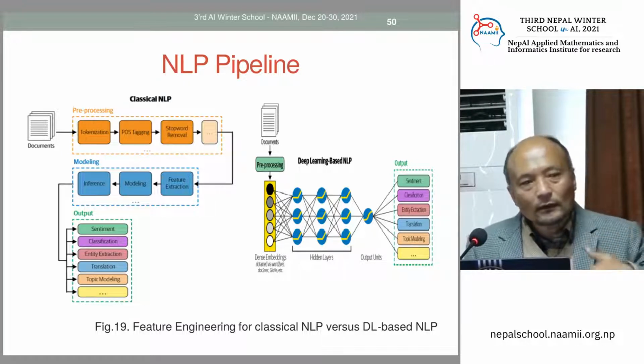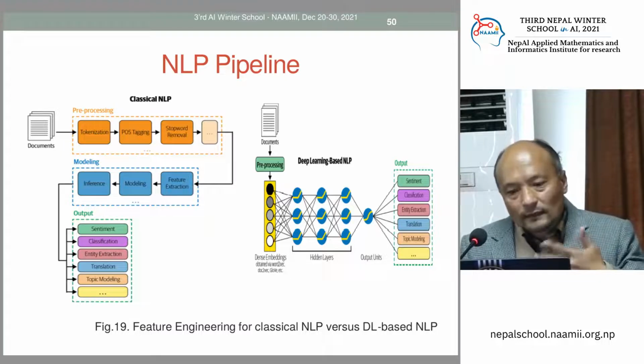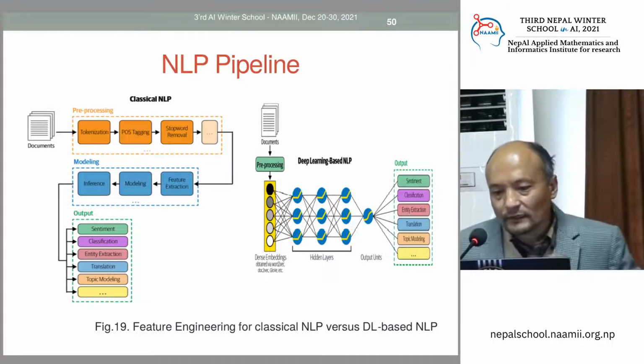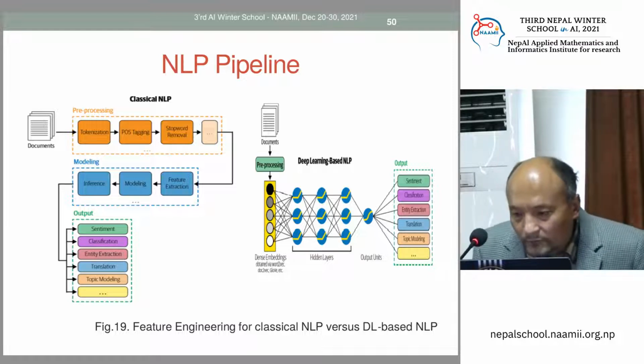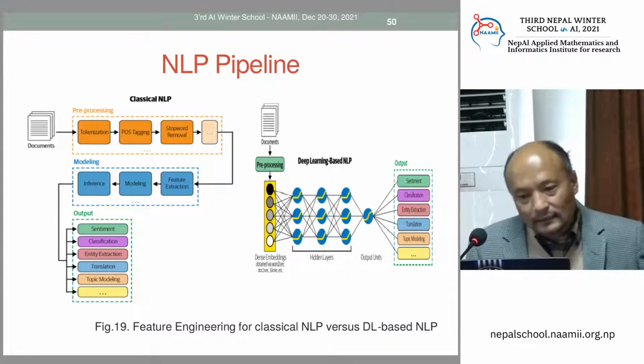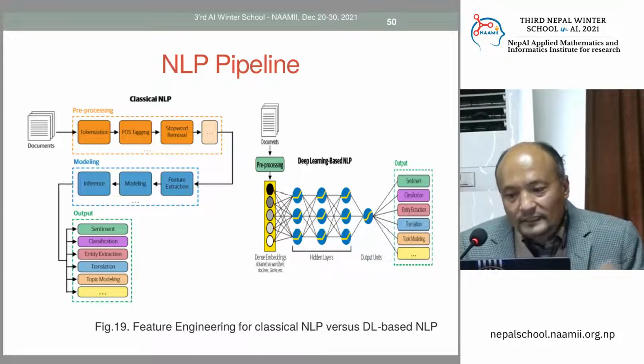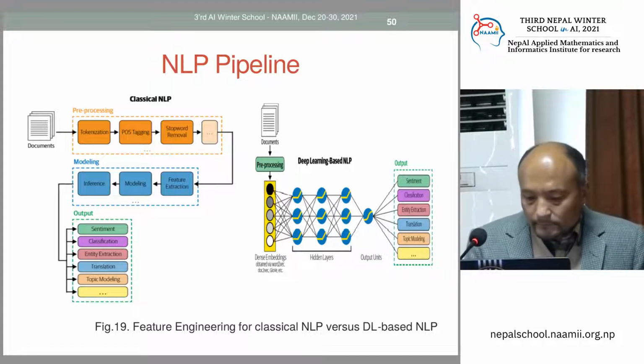So we conduct such transformations and representations, and that's passed to the hidden layers, and in the output units we have these different outputs: again, sentiment classification, entity extraction, among others. Okay.